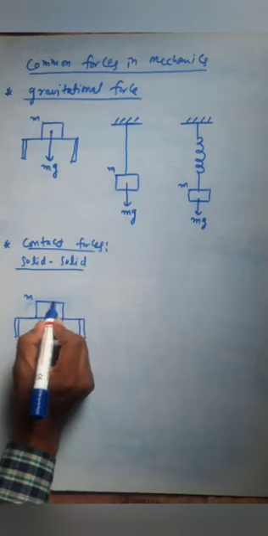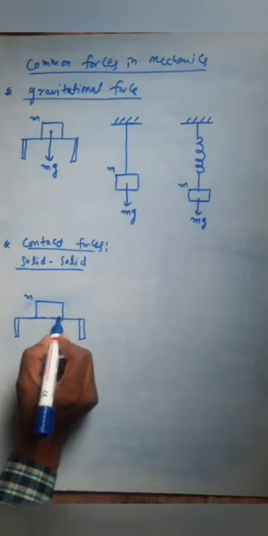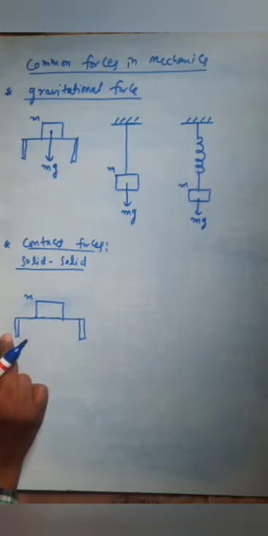So this object having mass m is a solid, and the table is also a solid.